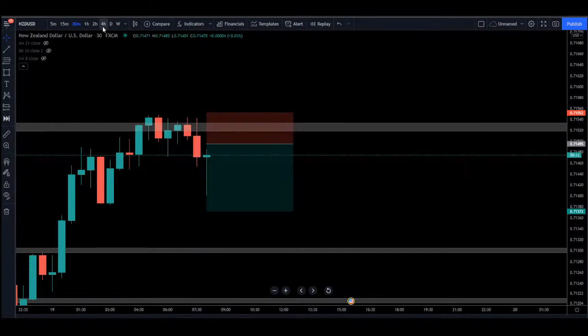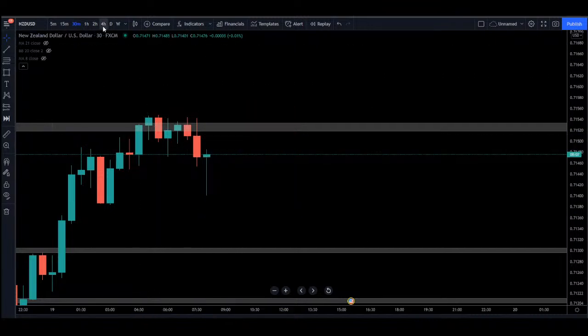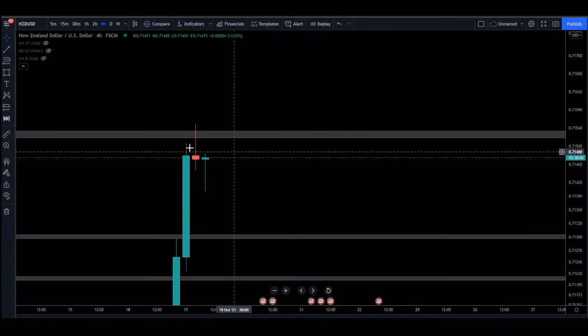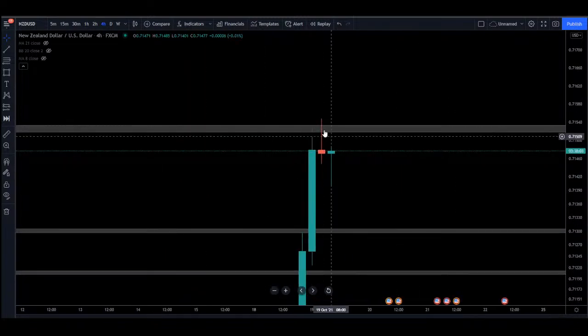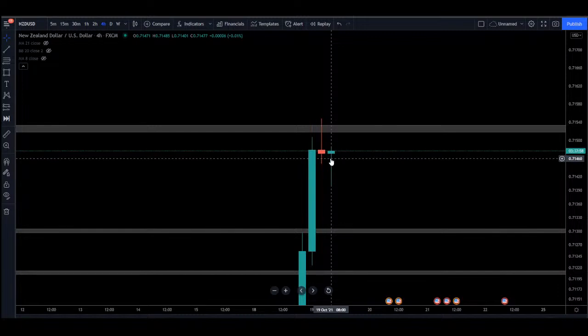So that's why we have to make sure that we draw our key levels in the daily and then the 4-hour time frames. So again, we were in the 4-hour time frame, and this looks like a pin bar, and the price is just having this little bit of a reaction, right? Now what I'm going to do is just wait, right? Look, this 4-hour candle just started like 23 minutes ago.